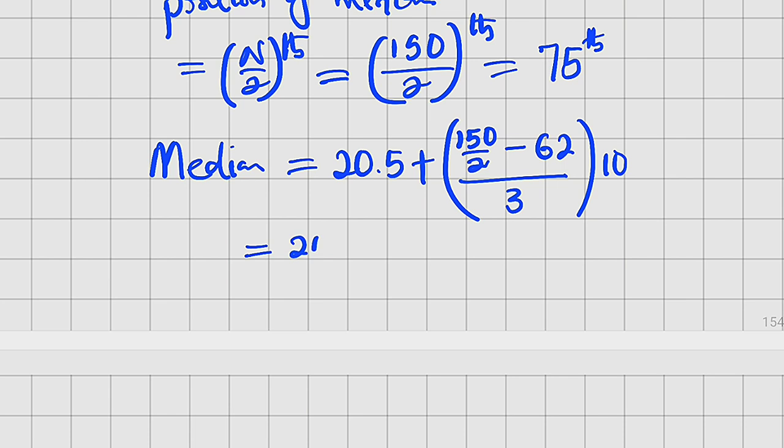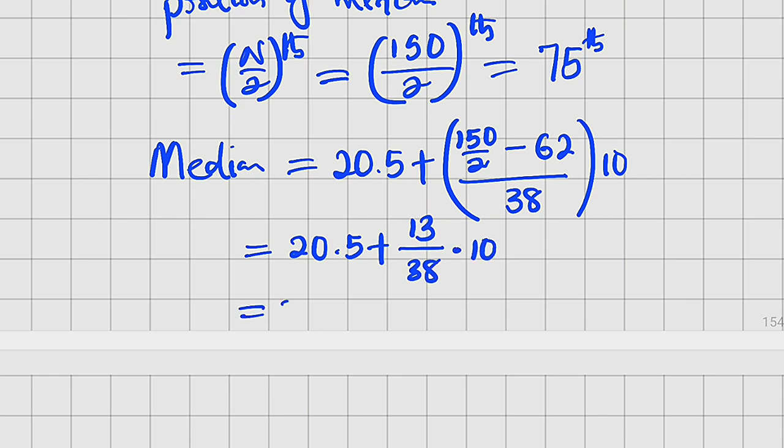This is equal to 20.5 plus, this is 75. 75 minus 62, that will give us exactly 13. Divide by, this is frequency of the median class. It should be 38, please, sorry. Then multiplied by 10.